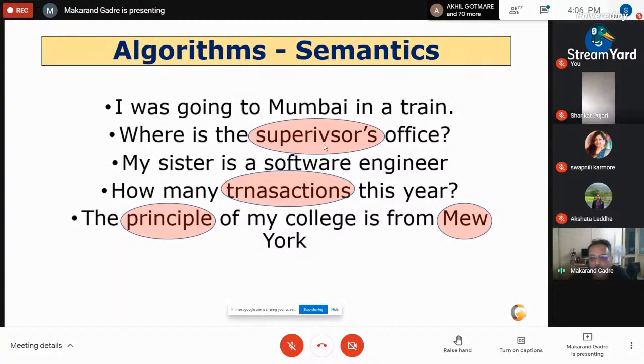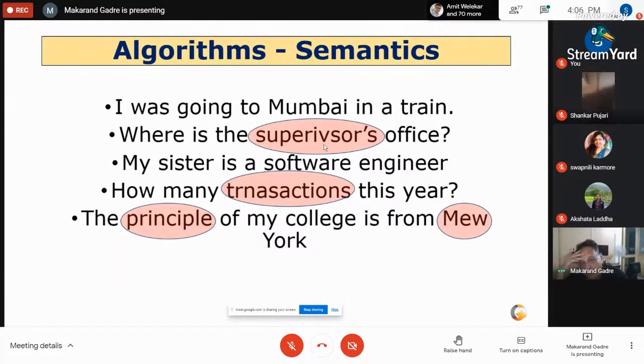So I look at the characters. I've got 2 S's, 1 U. Look at all the words that have these. Okay, I got these 6, 7 words. Now see how far they are from this. And this looks like it is off by only 1. So there are 2 replacements to be done, or 1 exchange to be done. And this will be the correct word, so that I can say, oh, it looks like supervisor.